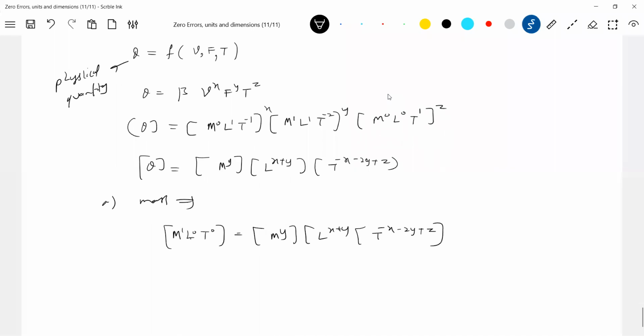Equate the powers: y should be equal to 1, x plus y should be 0, so x equals minus 1. Then minus x minus 2y plus z equals 0. Solving this, z equals 1. So how is the mass related? Some beta, with v to the power minus 1, force to the power 1, and t to the power 1. Now you can express mass like this in terms of velocity, force and time.